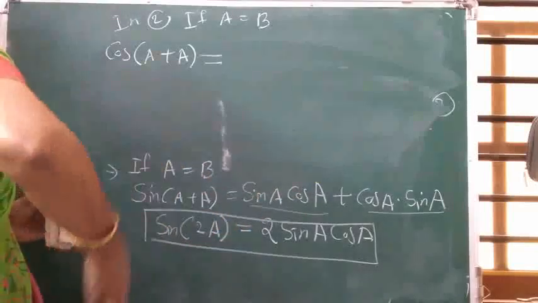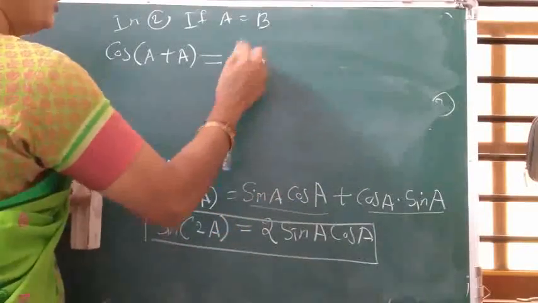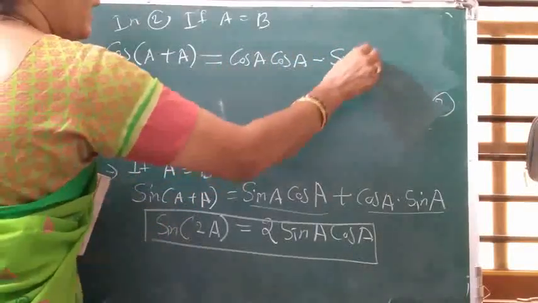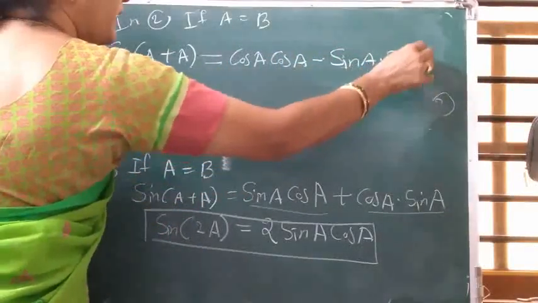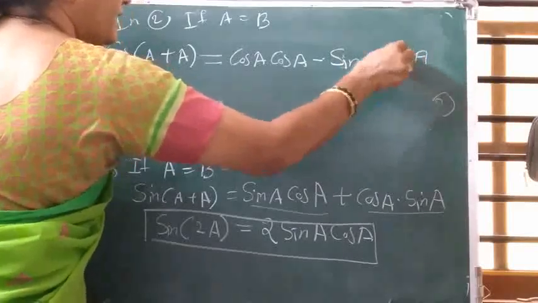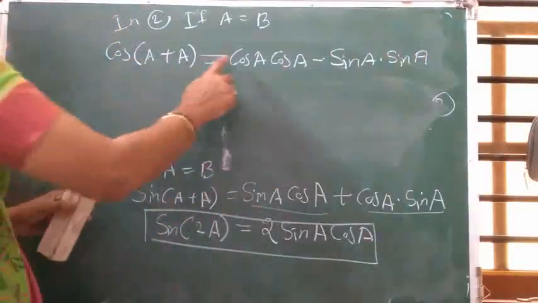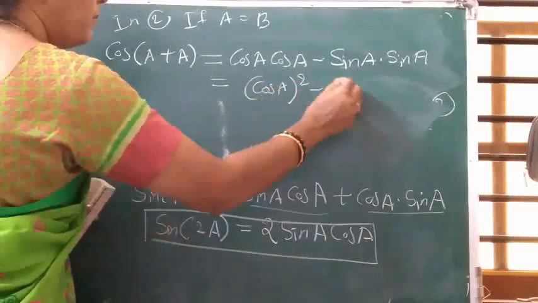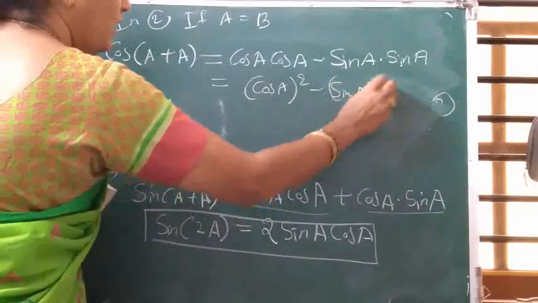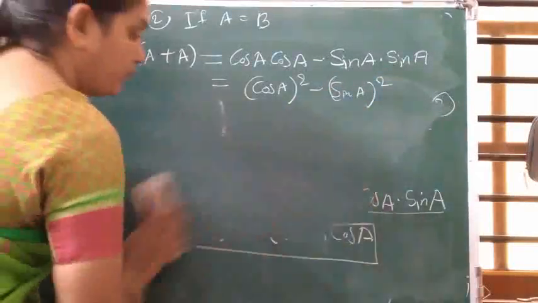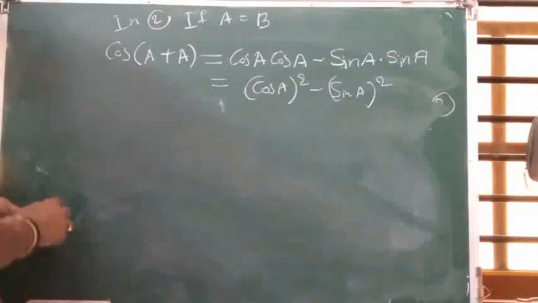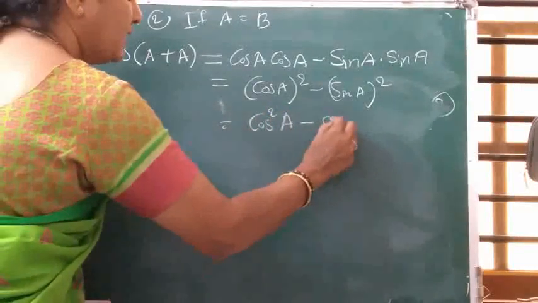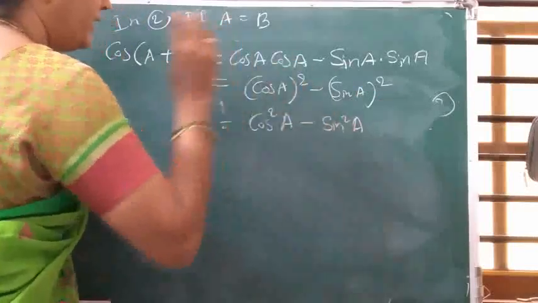So I write cos a into cos b, that is cos a only, minus sin a into sin b, but since b is equal to a, I write this also as sin a. Cos a into cos a means cos a the whole square minus sin a the whole square. But it is customary to write cos a the whole square as cos square a minus sin square a. Both are one and the same.